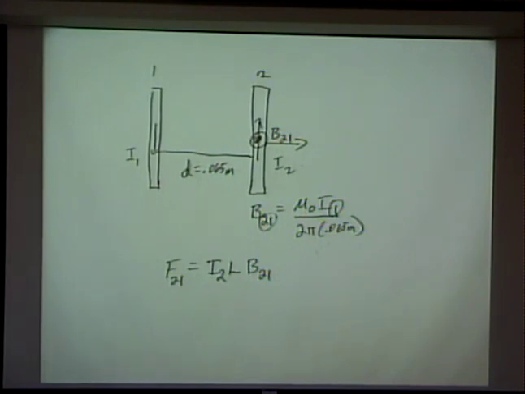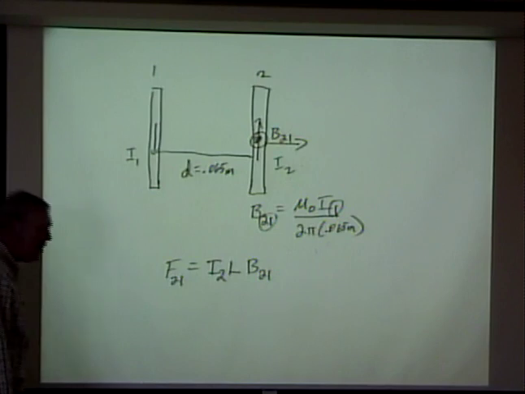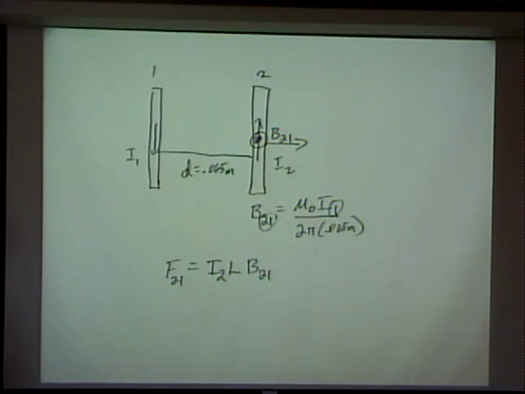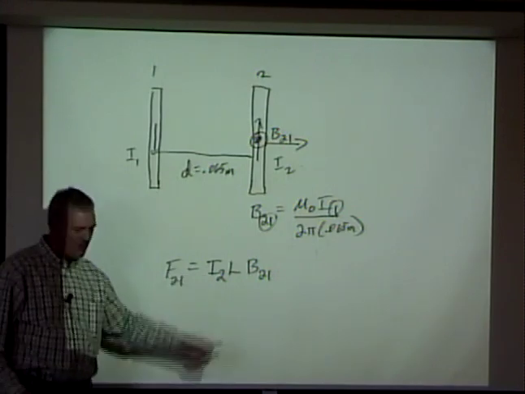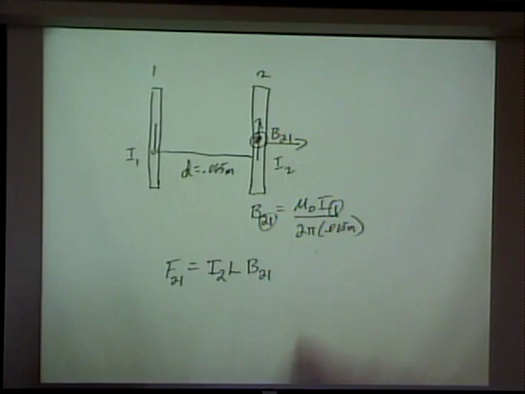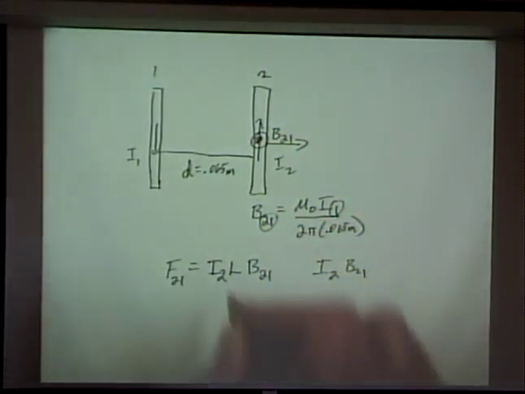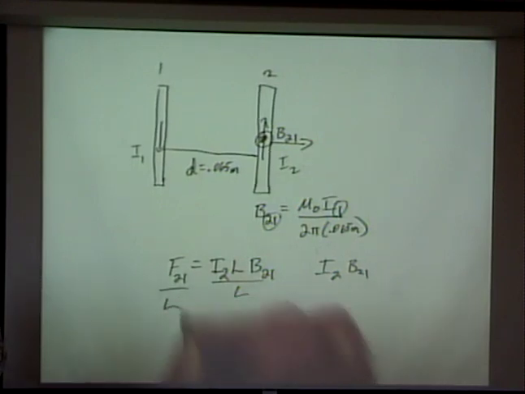And then I gave the length. Now, on your homework problem, I think they asked for the force per unit length. You don't have the length here. So on your homework problem, you just basically go I2 B21, because look what happens when I divide the length out of here.